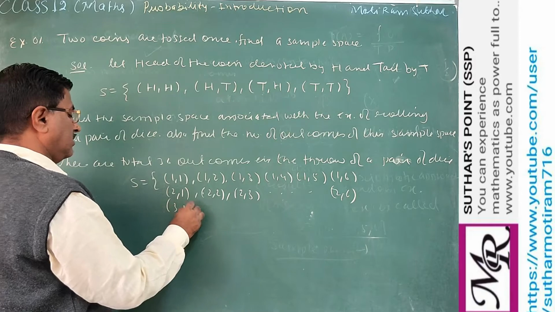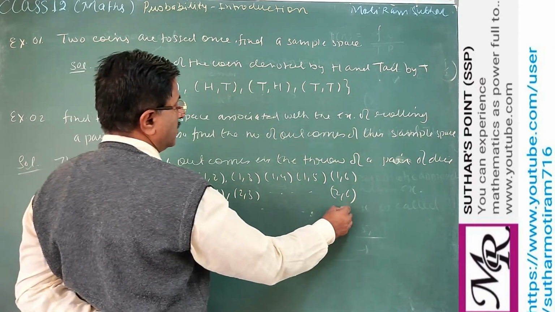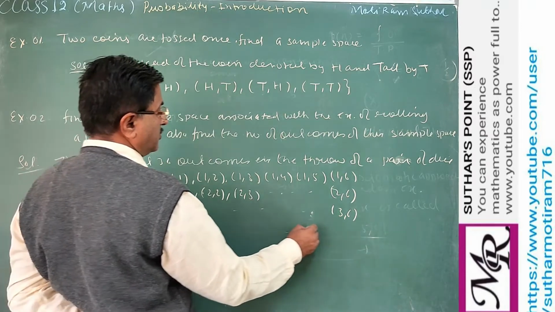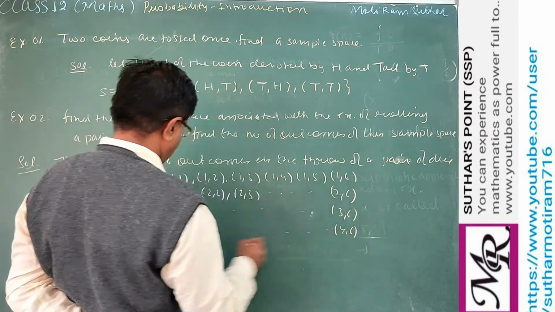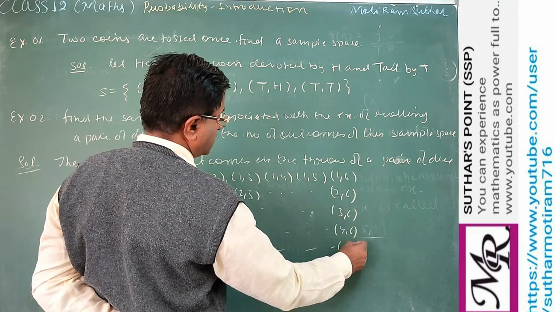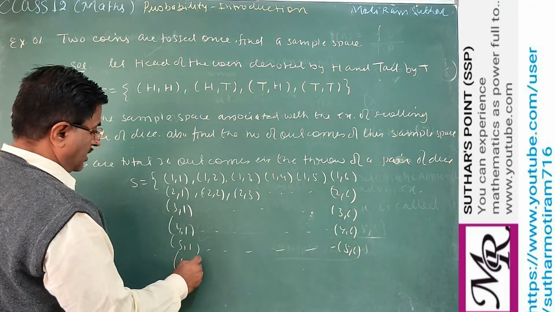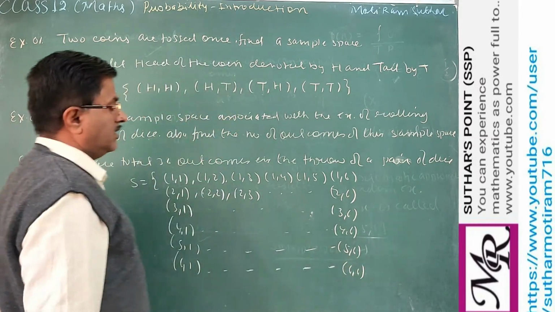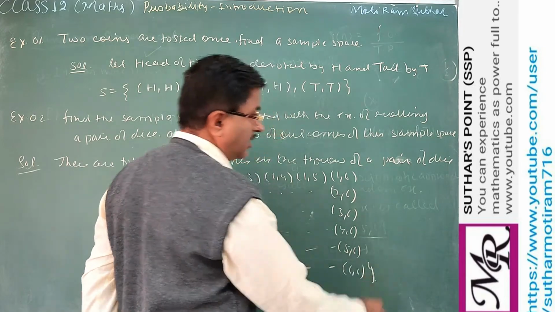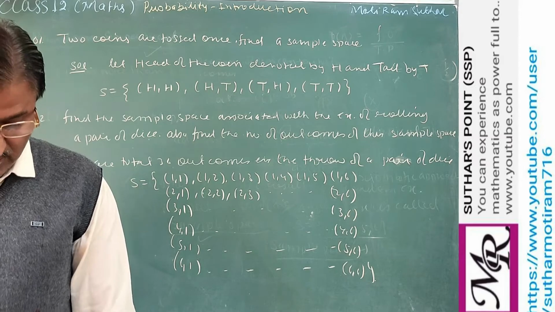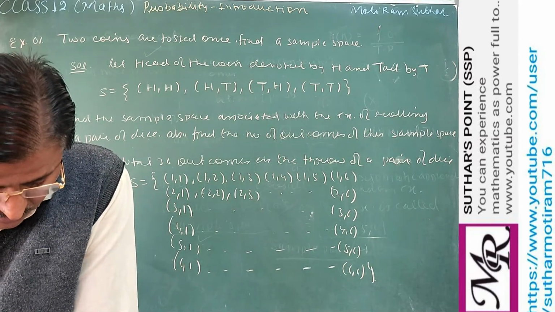Similarly 3 1, 3 2, 3 3, 3 6, 4 1, 4 2, 4 3, 4 5, 4 6, 5 1, 5 2, 5 3, 5 6, and then 6 1, 6 2, 6 3, 6 6. So these are the total possible outcomes or points of the sample space. You can easily write. Correct?